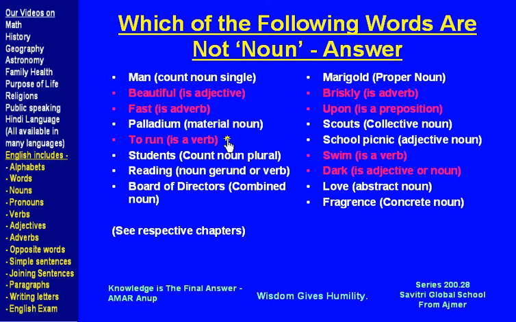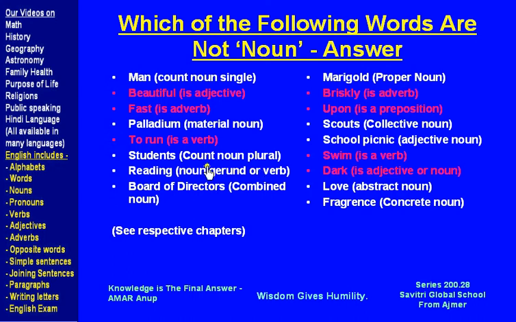Next word in the list is to run. To run is an activity, and we know from our video lecture on verbs that verbs denote activity. So to run is a verb.